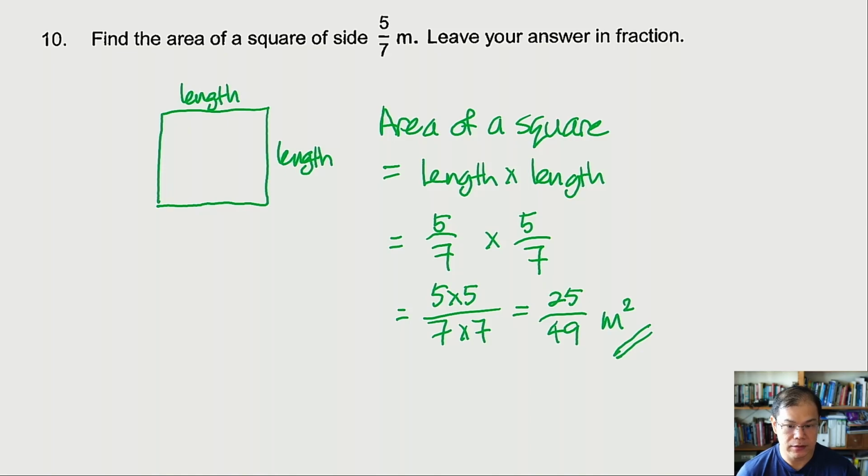Okay, so the answer is 25 out of 49 square meters. Right, if you think about it, this square, the area is still less than 1 square meter, right? Think about it, isn't it?